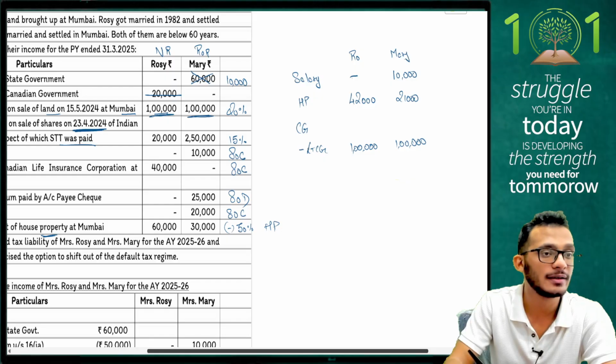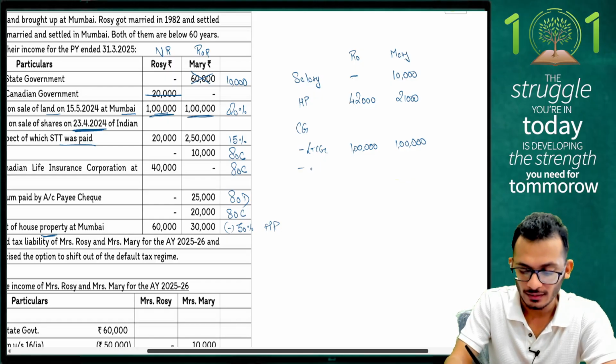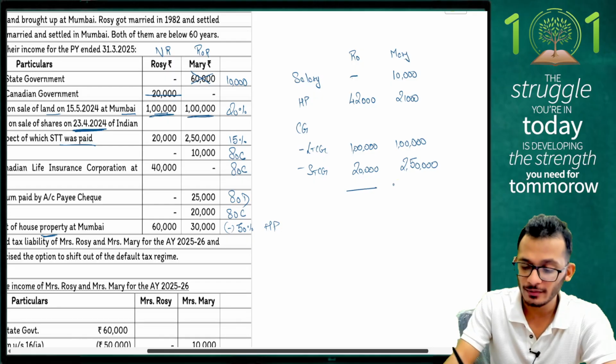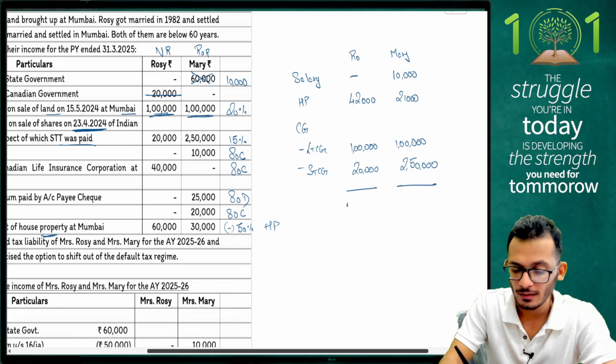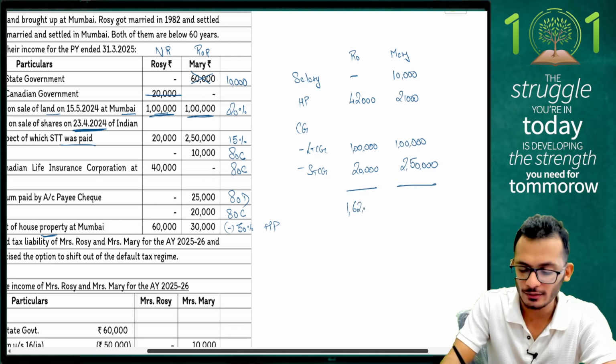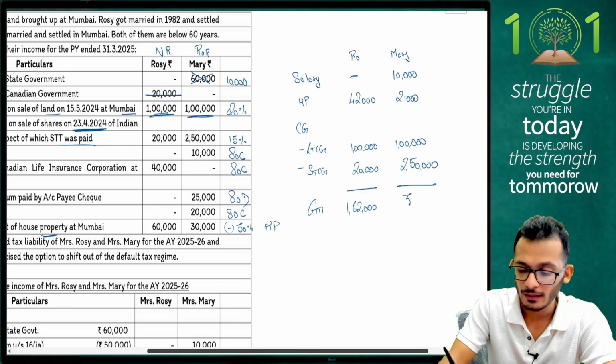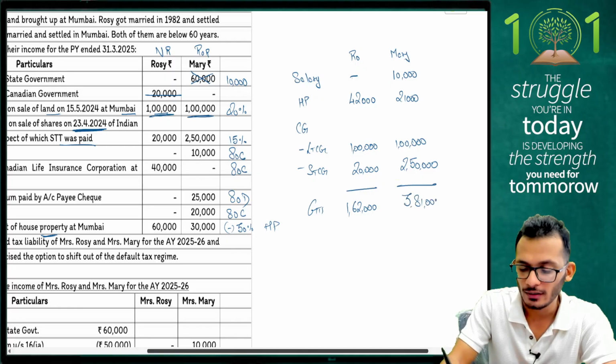What are you computing, tax or income? 20,000, 2 lakh, 50,000. Any other incomes? Total the numbers: 1 lakh 62,000 for Rosie, 3 lakh 81 for Mary.